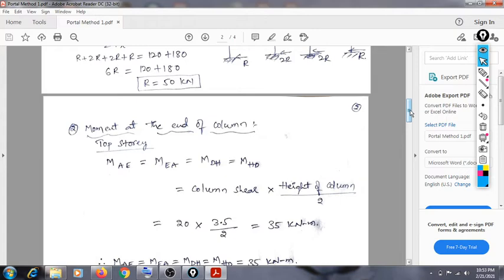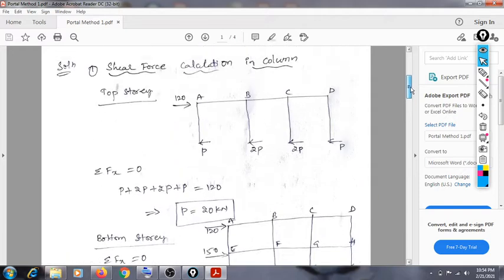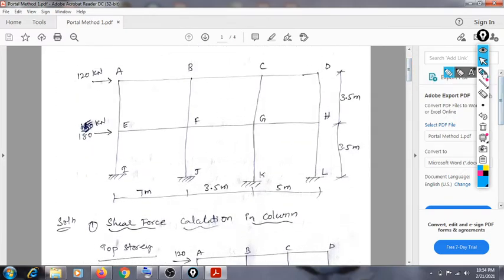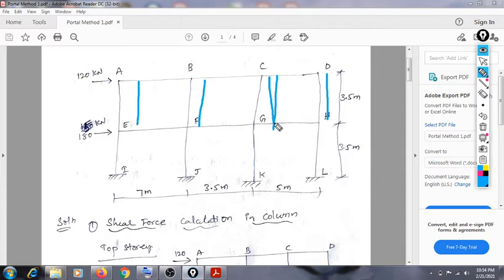So the moment at the end of the column is the same as in the top story. Again, when you look at the top story, you have AE, BF, CG and DH as columns in the top story, right?